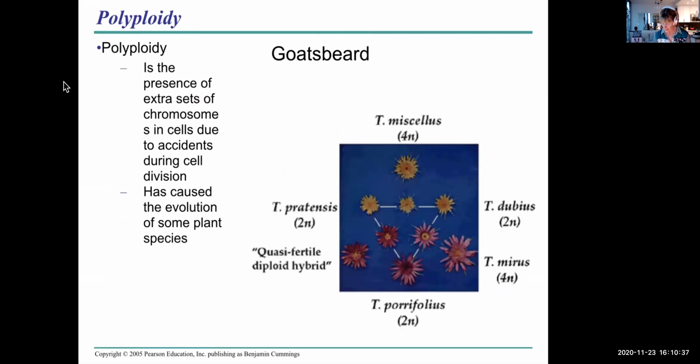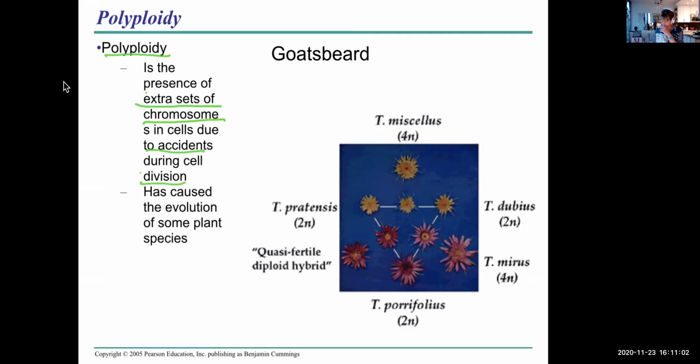So one aspect of speciation is attributed to reproduction and accidents during cell division. Polyploidy is the presence of extra sets of chromosomes in cells that's just due to accident during cell division.